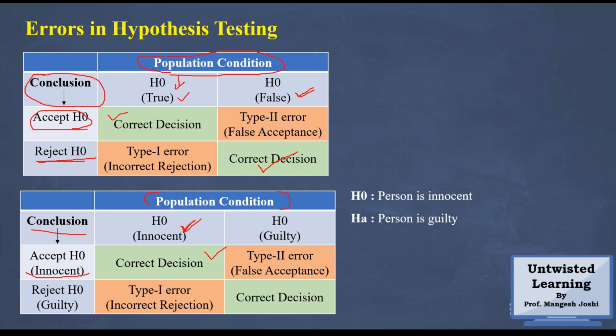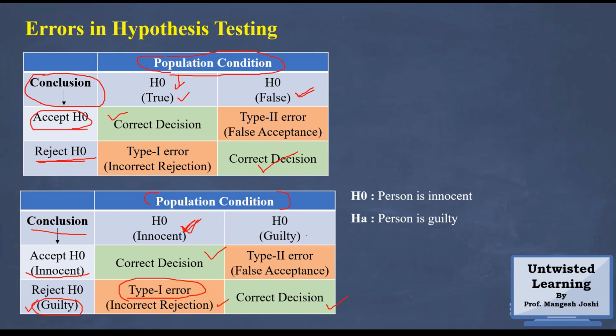Second, if he is guilty and it is concluded that he is guilty, then it is a correct decision. But if the person is innocent, he has not done any crime, and you are saying he is guilty, it is incorrect rejection, which will be very dangerous. So you have committed the type 1 error, meaning you are punishing the innocent for a crime which he has not committed.